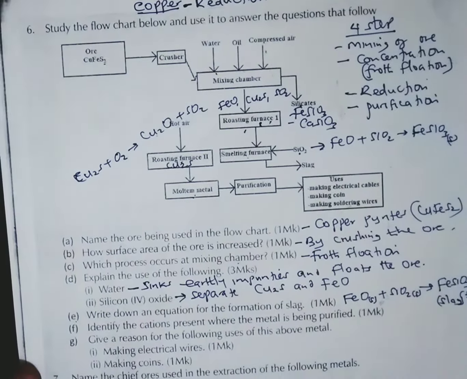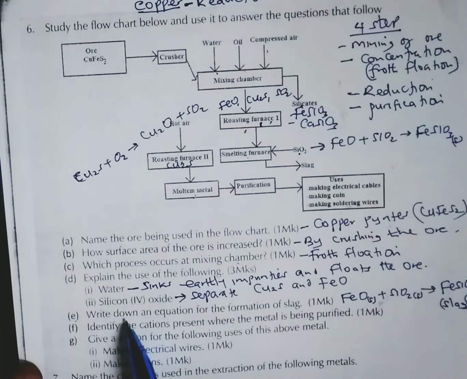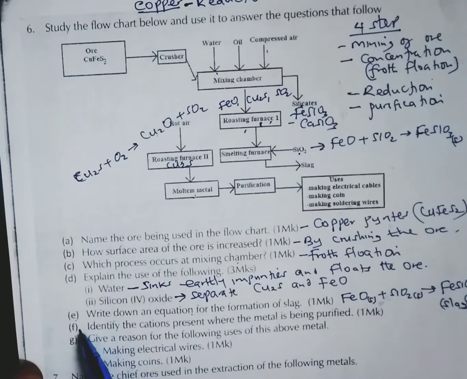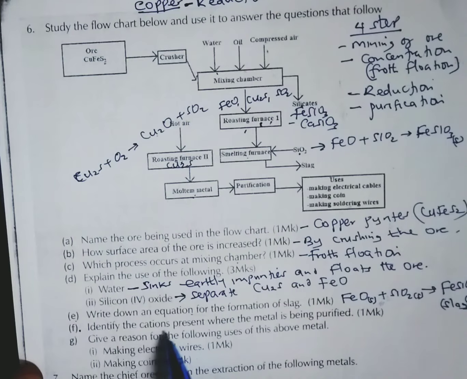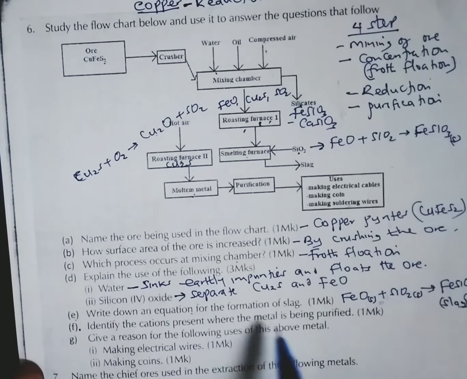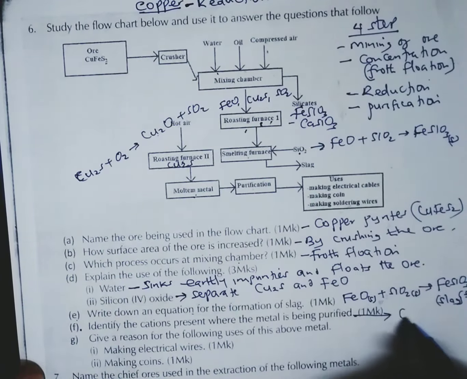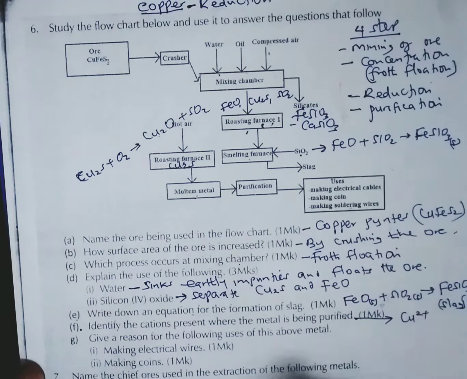The next question we have, write down the equation for, we have already done that. F, identify the cations present where the metal is being purified. The cations present in this case are copper 2 ions.